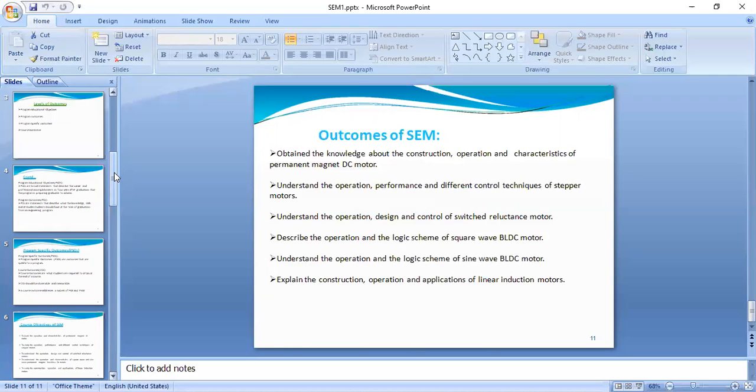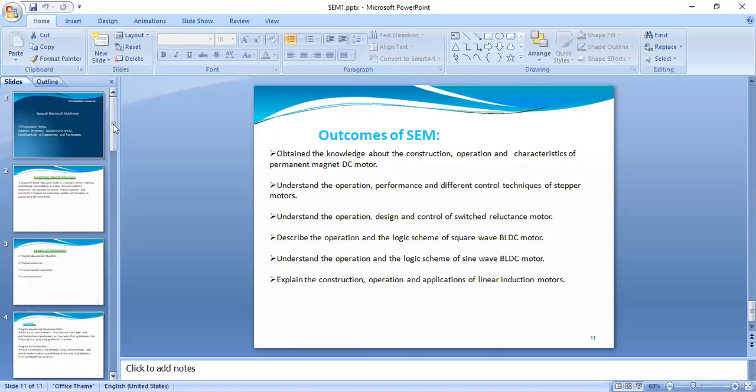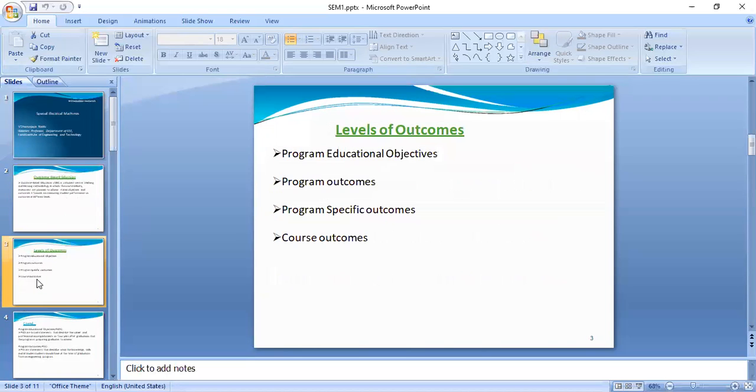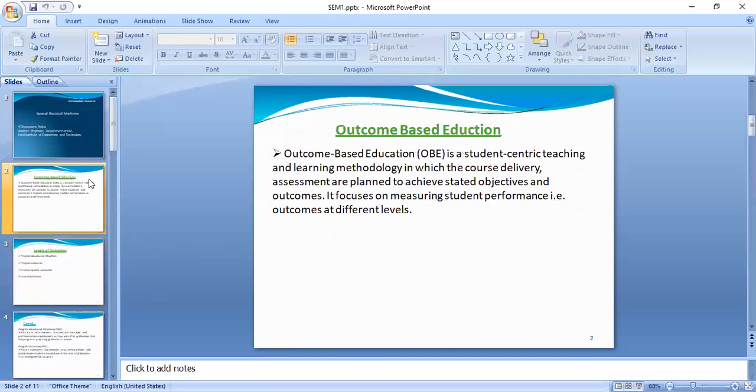And now you know what outcome based education is. To achieve that, the students should be able to perform these things, so that they get a good opportunity when the course is completed. This is outcome based education.